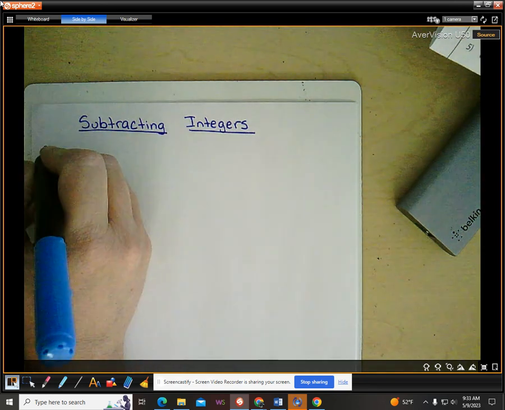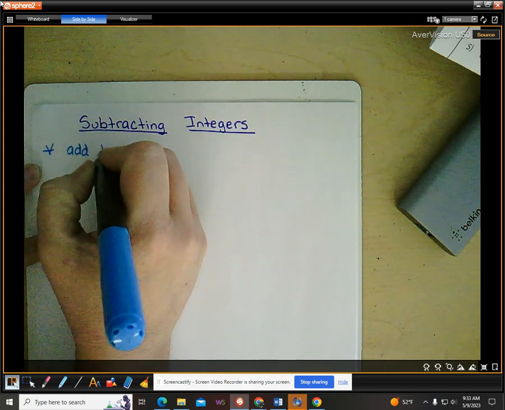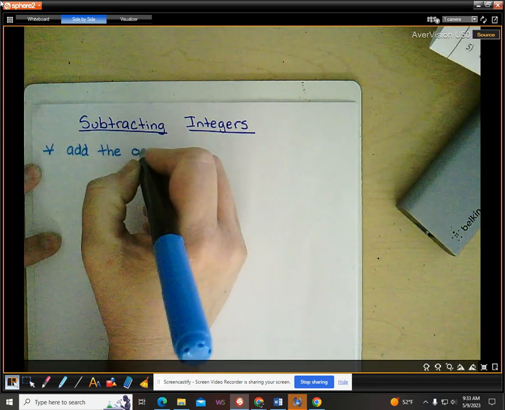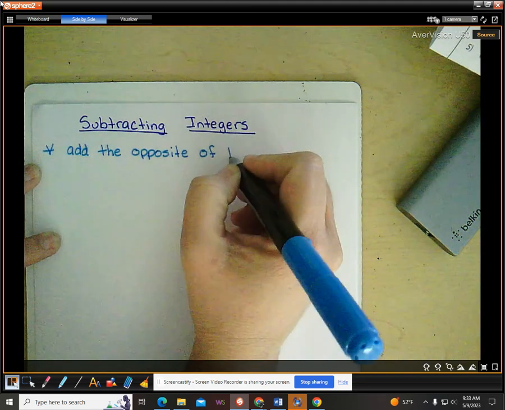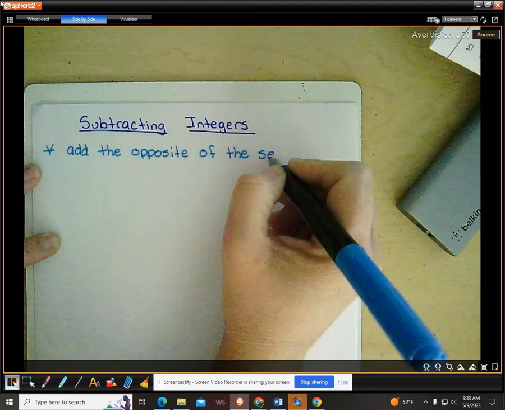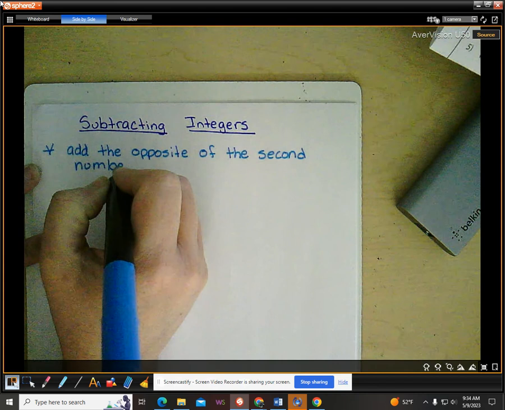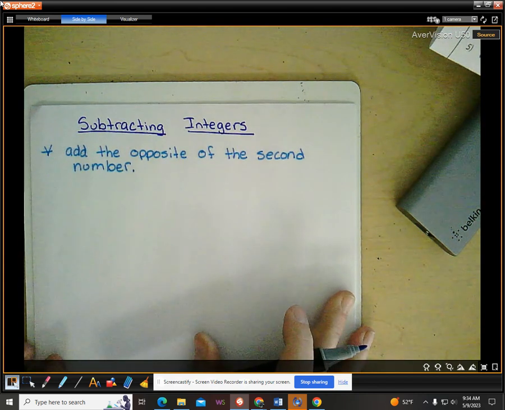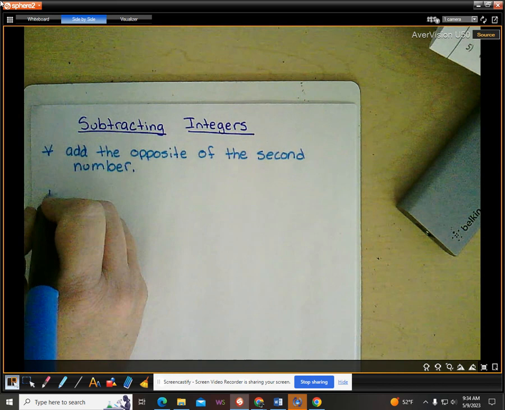So when subtracting integers, you are going to add the opposite of the second number. Okay, so every subtraction problem with integers, you will rewrite as an addition problem by adding the opposite of the second number.